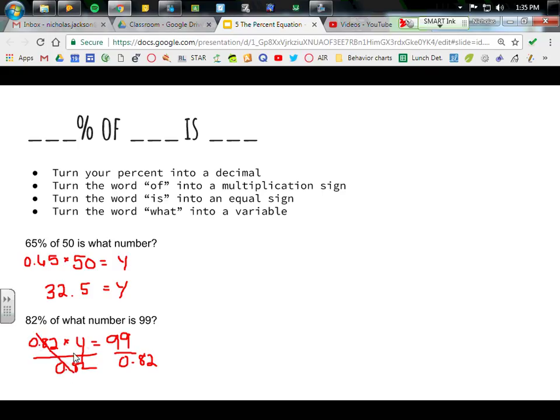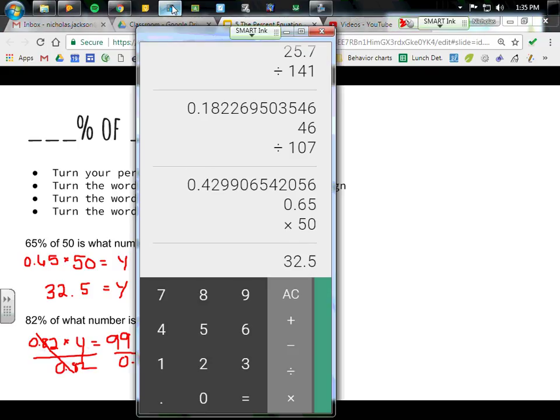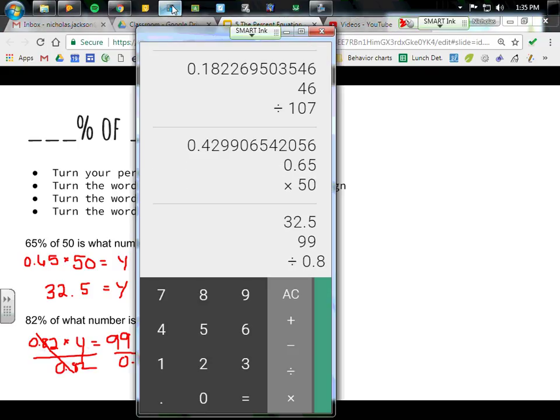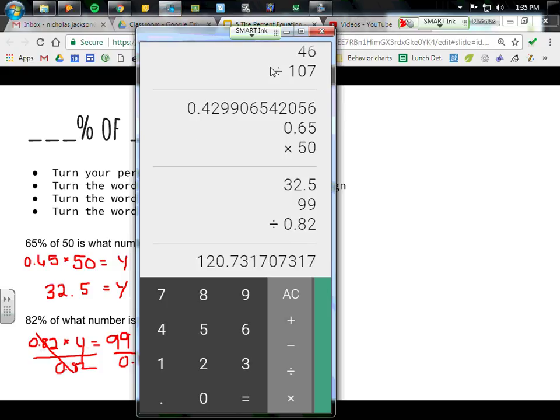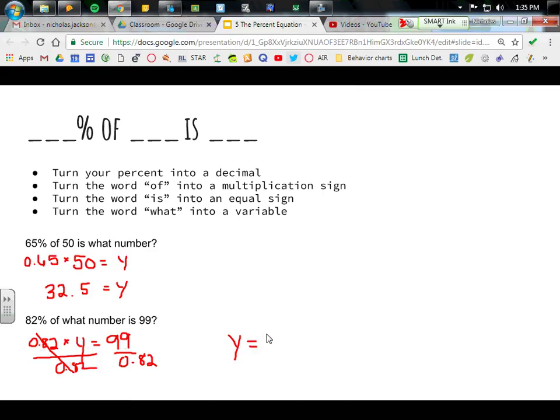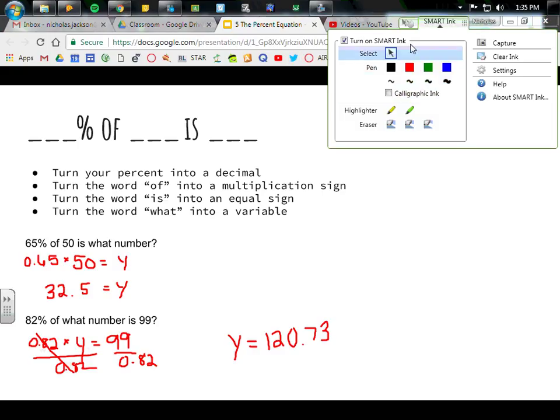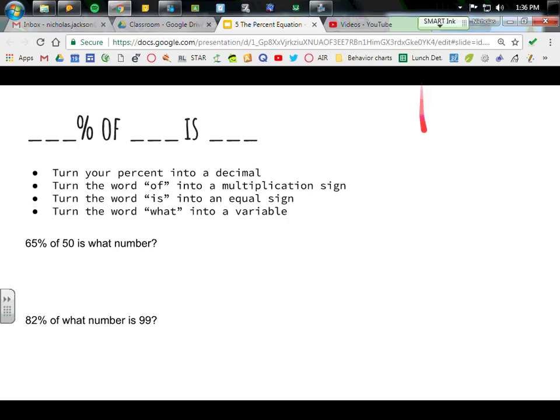So this is going to cancel out, leaving us with y all by itself. 99 divided by 82 hundredths is going to give us 120 and 73 hundredths. So that's our number. Pretty straightforward. Let's go ahead and clear this and go on to the next slide.